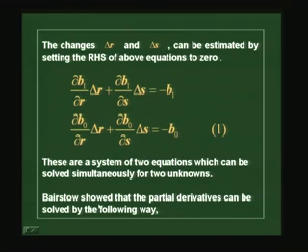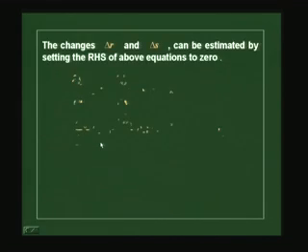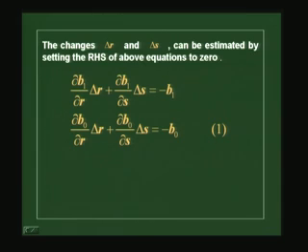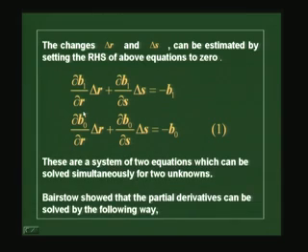So, now the question was how to determine these derivatives. Right. So, for that, Bairstow showed that the way we constructed this B 1, B n minus 1, all the B n, B i's from the a's, we could use a similar method to construct the derivatives of the form del B 1 by del r, del B 1 by del s, etc. from the B's.